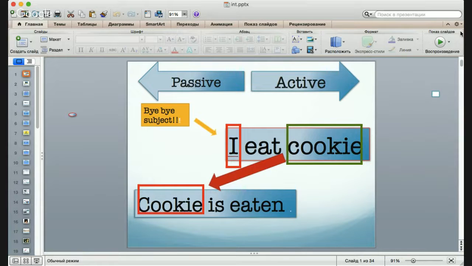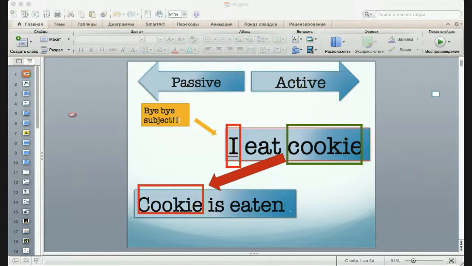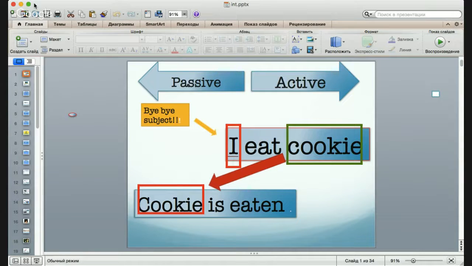But if we want to make a passive voice, what should we do? The last word, cookie, which is an object, goes to the first place in the sentence. The verb or the predicate also changes its position and it changes its form, so we transform it. I hope you know the formula according to which we transform this verb.